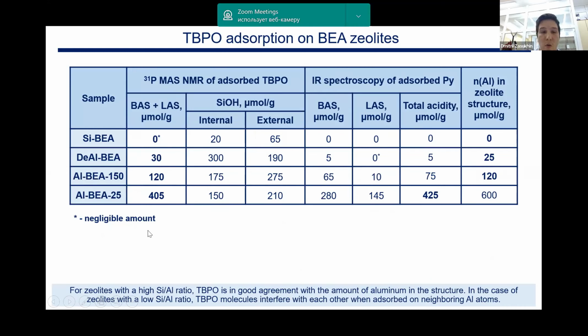When we look at the results for the sample with a big amount of aluminum, we can see that the theoretical amount is much more than the number we obtained. This can be attributed to the steric hindrances of TBPO in the structure.